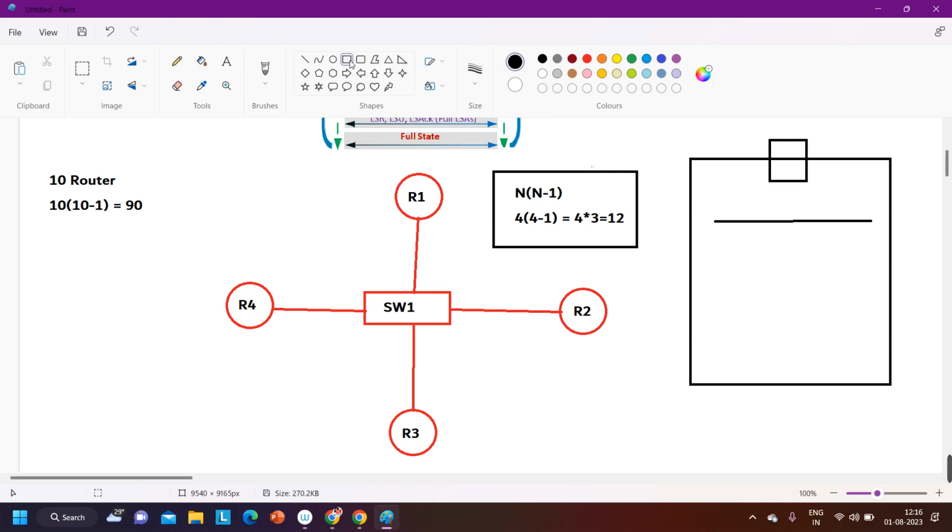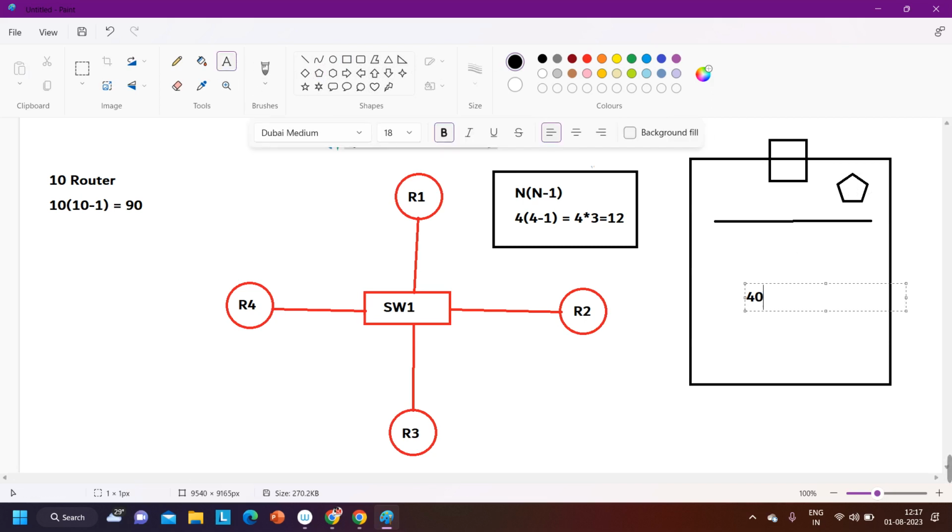Here is the chair of the teacher. The teacher is seated here, and then he is teaching the students. How many students are there? 40, or let's say 100 students are there.